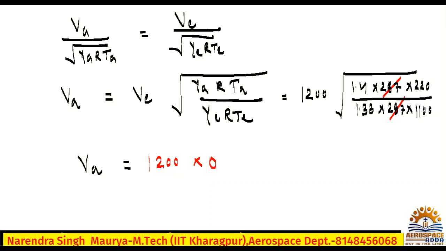So it is nothing but 0.458, into 1200. So I'm getting 550.59 meter per second. This is the cruise speed.